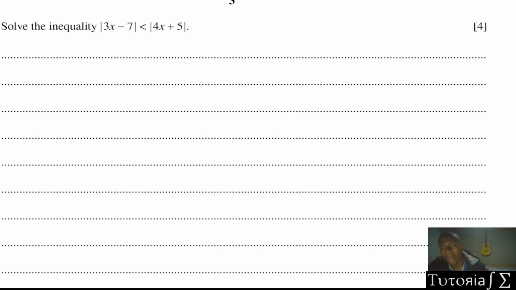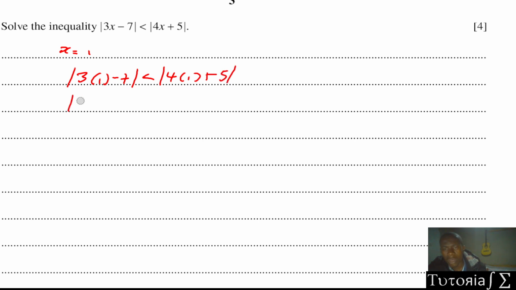But right off the bat, when you look at these two sides, we can test in a few solutions. When you check for x is equal to 1 and replace in here, you're going to have the modulus of 3 times 1 minus 7 less than the modulus of 4 times 1 plus 5.